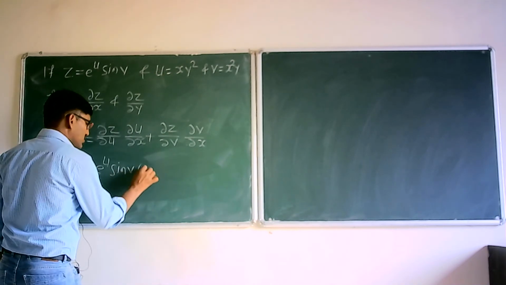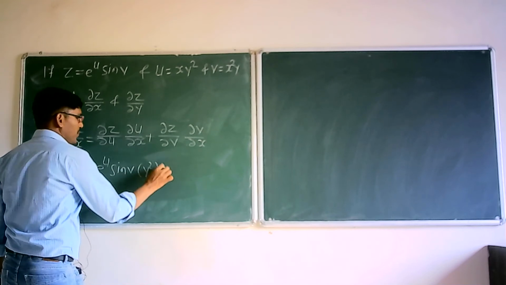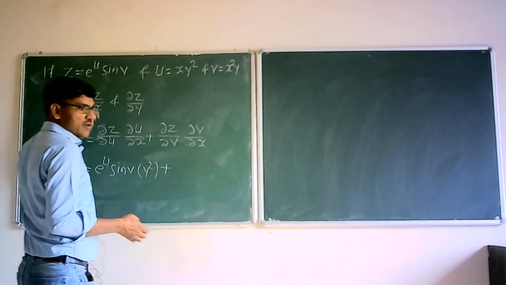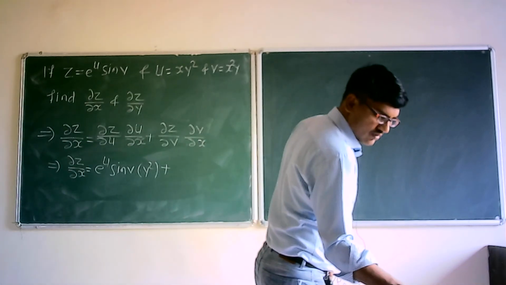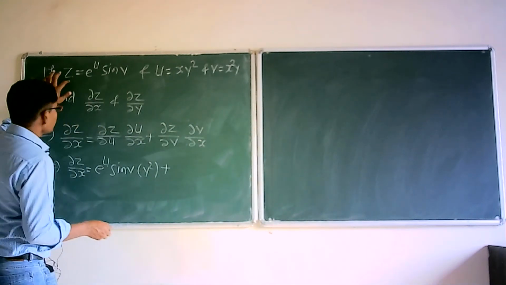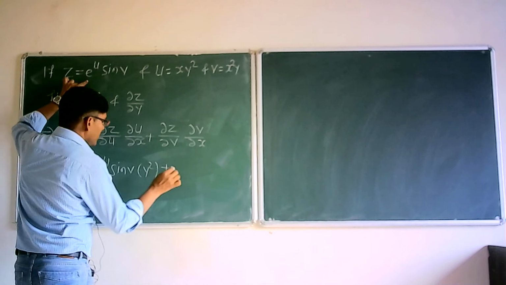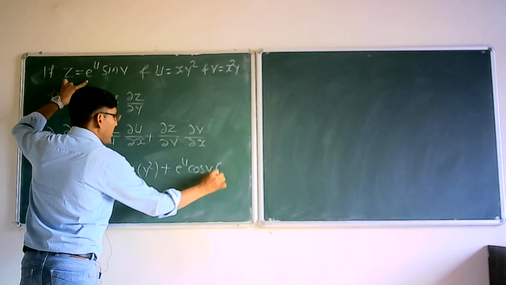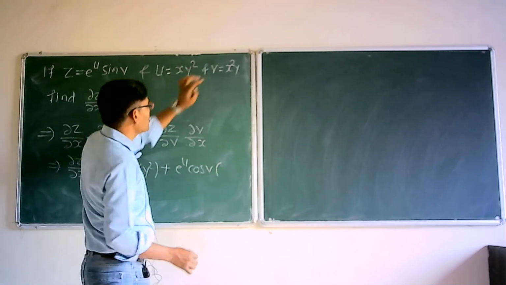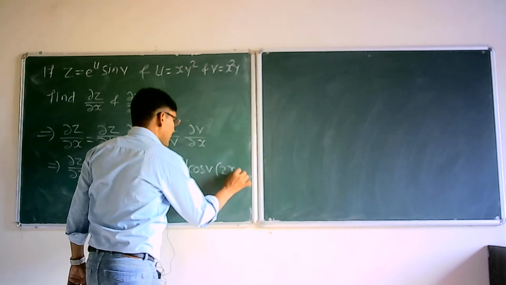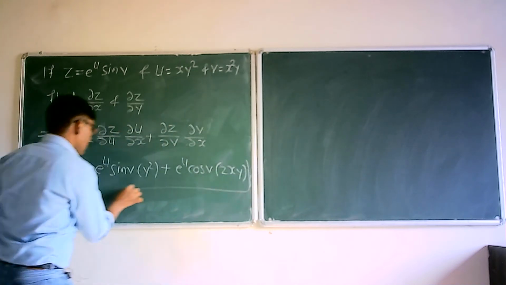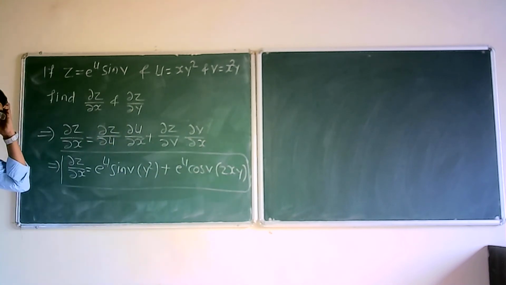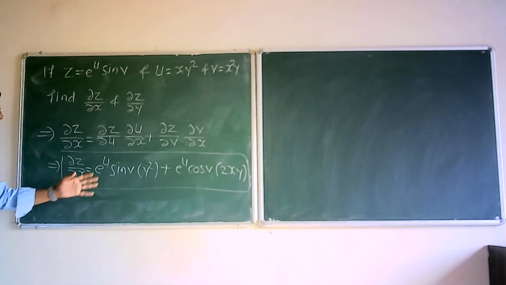It is y square, plus dabba z by dabba v, the partial derivative, which is equal to e raised to u cos v, and again the derivative of this term with respect to x is twice xy. So this is the partial derivative of z with respect to x, the total derivative of z with respect to x by using chain rule.